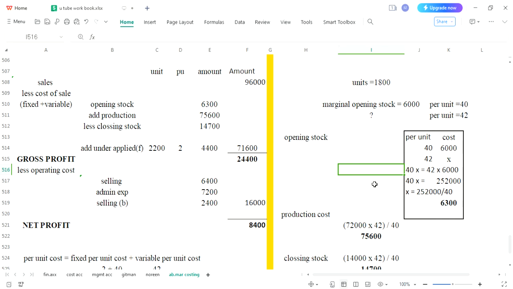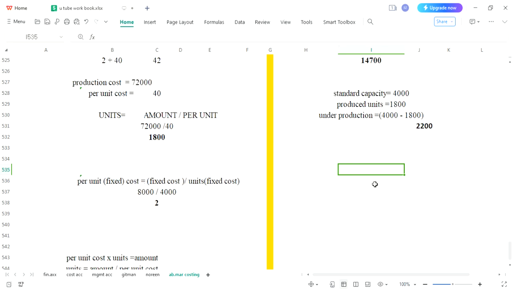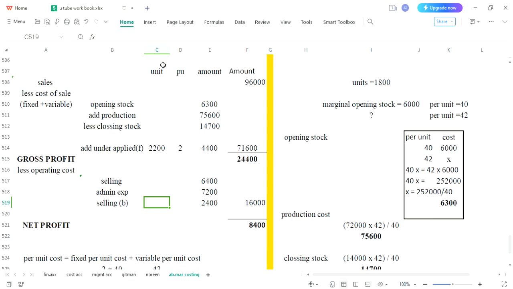How did we do that? We have calculated our per unit cost. This was old per unit cost 40, then 2 was fixed cost element, and finally we have added fixed cost and variable cost to get a per unit cost for absorption costing.